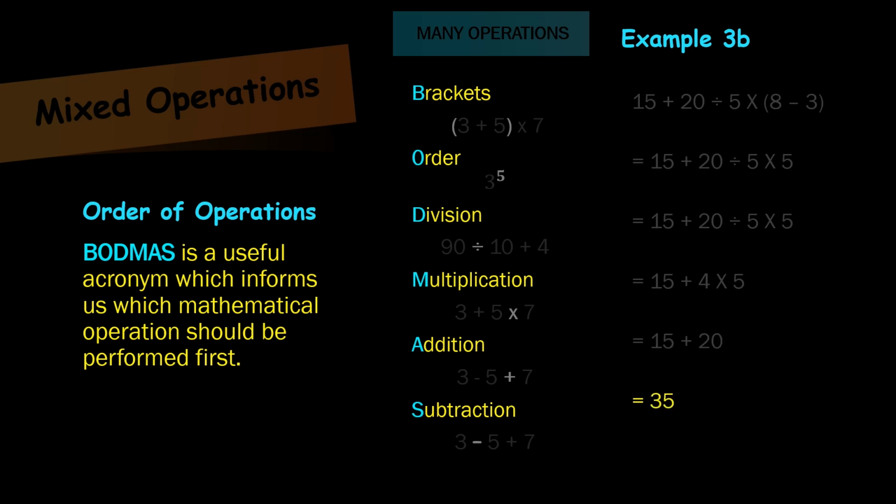Since we now have a numerical answer and no more operations, clearly there is no point in considering the last remaining operation, subtraction. So there is nothing to consider now at all. So our final answer is 35.